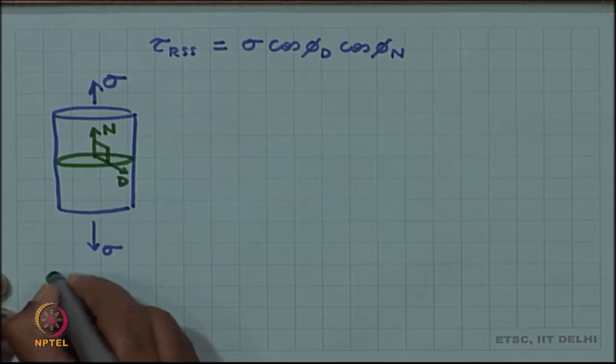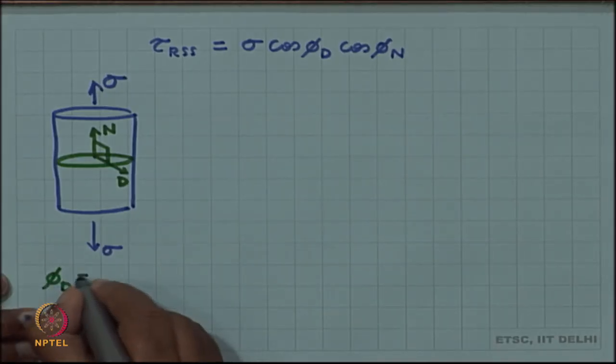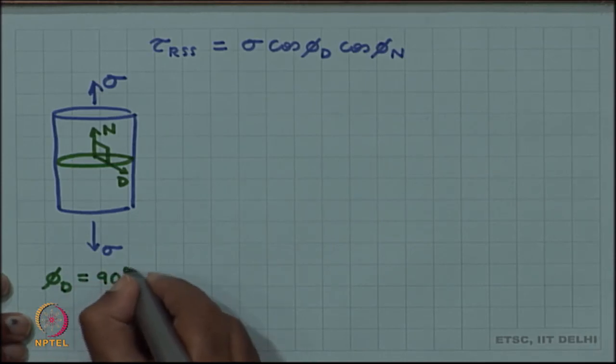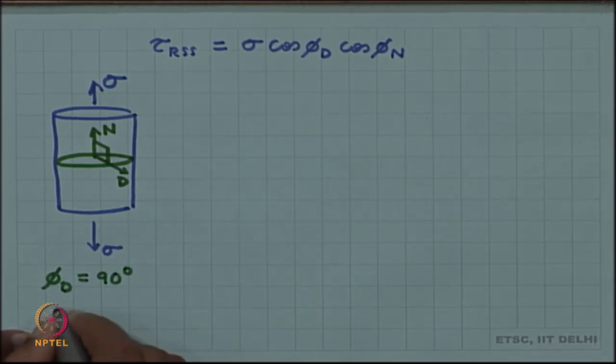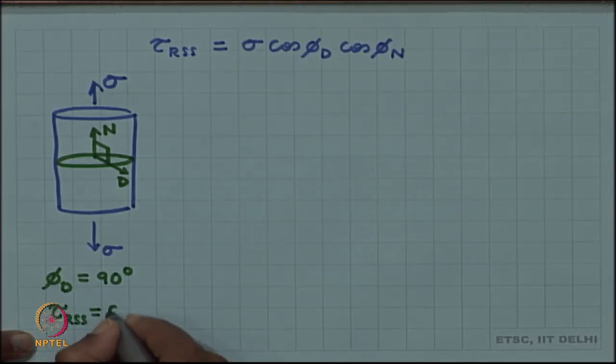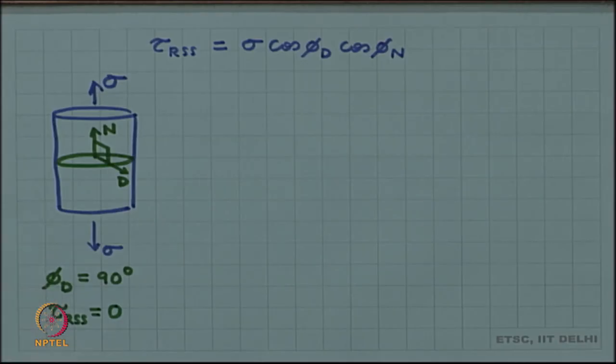So, phi d for this case will be 90 degrees, and so the resolved shear stress will be 0. So, no resolved shear stress can exist on a plane which is perpendicular to the stress axis.